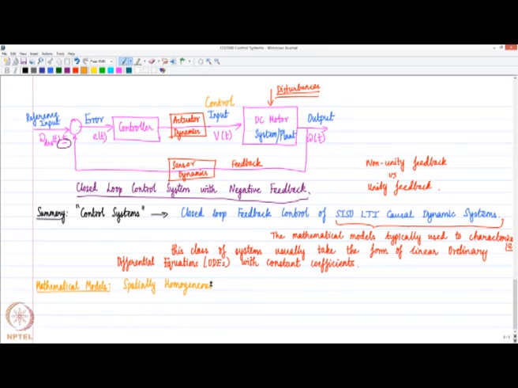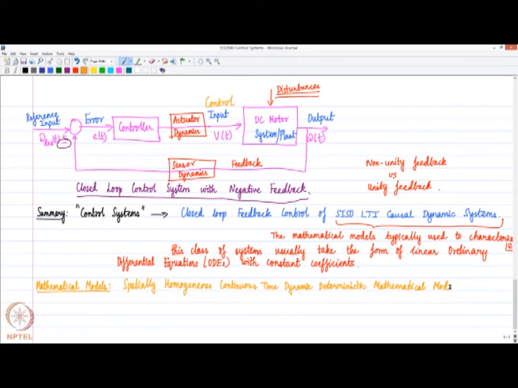So, spatially homogeneous, we are going to have what are called continuous time, dynamic, deterministic mathematical models. That is the class of models we are going to use.